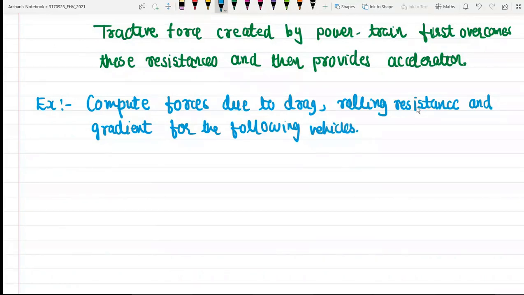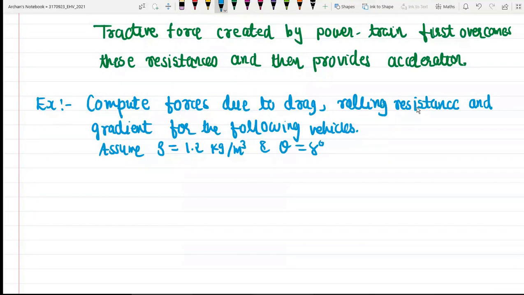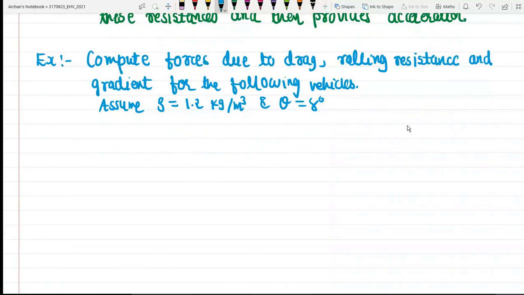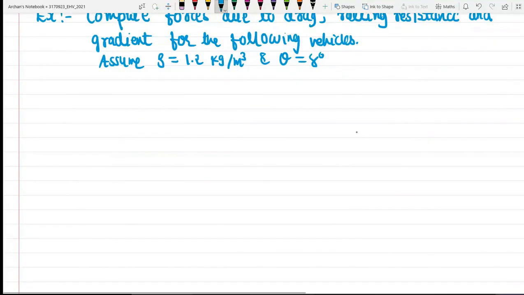Okay, assume rho is equal to 1.2 kg per meter cube and theta is equal to say 8 degrees. Okay, so we need to calculate the drag at two different velocities. Okay, so let us say we have been given some vehicles.